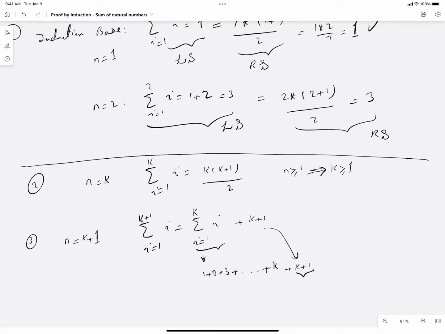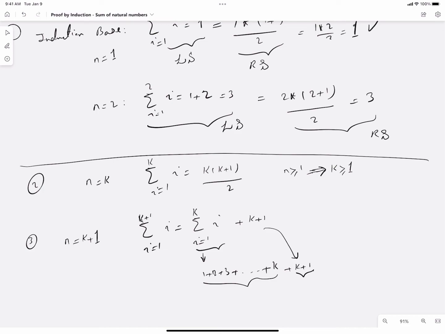So what I did, I just extracted part of the expression, which is 1 plus 2 plus up to k, and I wrote it as sigma of i equals 1 up to k of i, and I just extracted k plus 1 out of this one. So that's correct to write this way. So that's the left side.